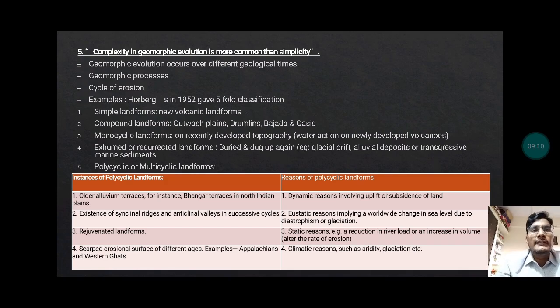Third example is related to rejuvenated landforms. Here the regions which we have discussed, eustatic regions as well as static regions, are very important to understand rejuvenated landforms. For example, if there is a eustatic change, meaning a decrease in the sea level of a particular region, then the lengthening of the river valley will increase.